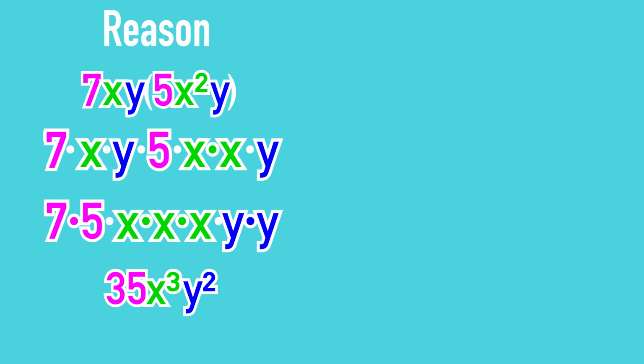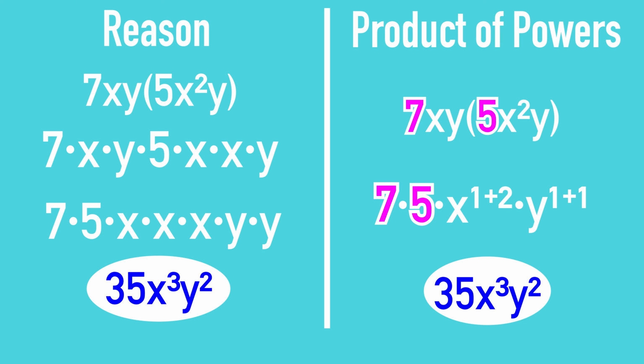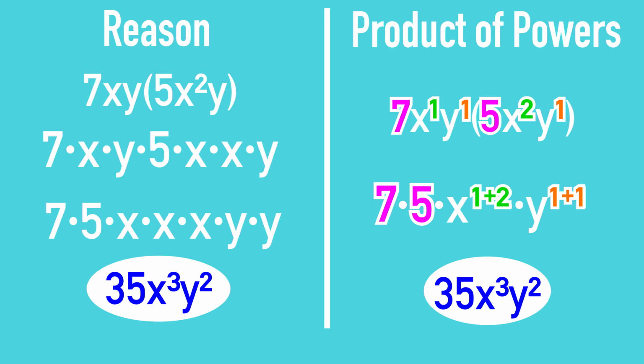And bringing together the y's from each factor gave us y times y, which equals y squared. So the whole thing simplifies to 35 x to the third y squared. Essentially, we multiplied the coefficients and we added the exponents from matching bases in each factor. Multiplying powers required multiplication and addition. Dividing powers will require division and subtraction.